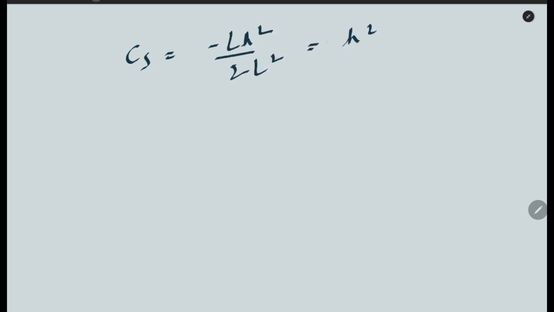After that, if we neglect the smaller terms and the higher terms, we simply get C_S equal to minus L h square by 2L square, that is, h square by 2L. At that time, the correction will be h square by 2L.